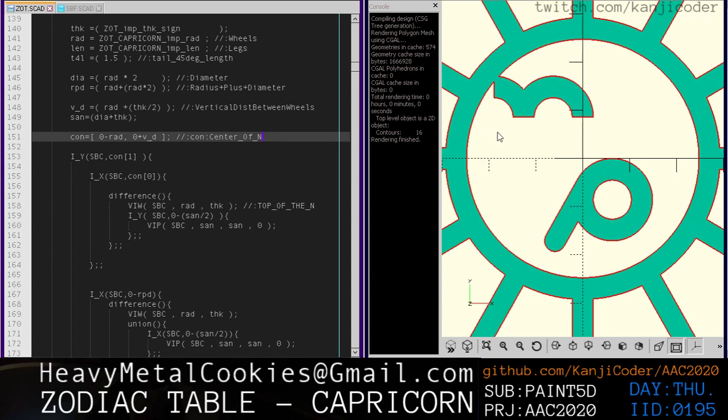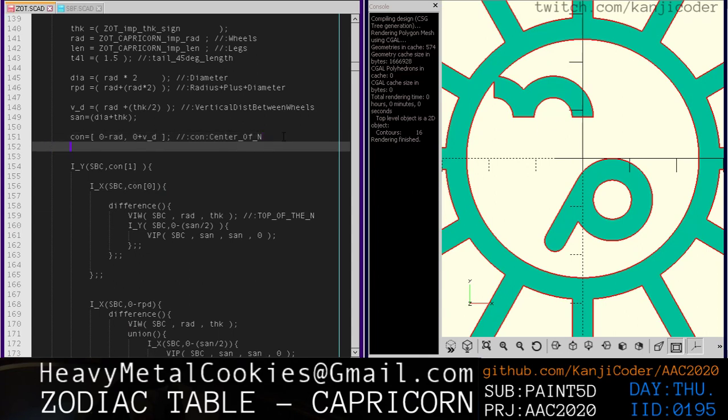And so to get this point over here, right? Left of n equals, it's the same value on the y, but it's con dot 0 plus the radius. And then on the y, it's just con dot, the y hasn't changed, right?